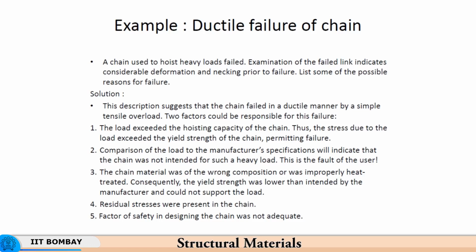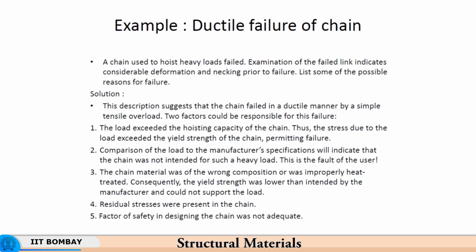Yet another factor would be the factor of safety in designing the chain. For example, if a chain rated for 1000 kilonewtons is manufactured to take only 1000 kilonewtons, it is not acceptable. That is because some overload capacity, as I was mentioning to you, at least 20 to 30% overload capacity has to be there, because in use it is not practical to restrict the use of the chain to its maximum rated capacity.